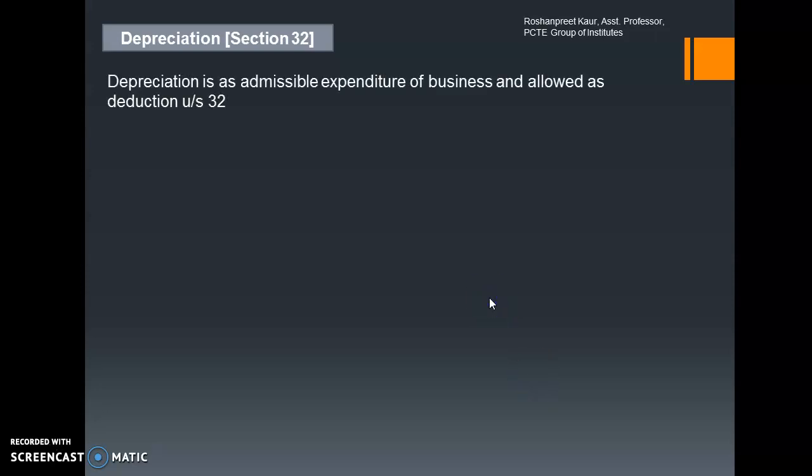So depreciation is an admissible expenditure and that can be allowed as deduction under section 32. So whatever expenditure you have done on the depreciation, that depreciation can be allowed as deduction. That means for that expenditure you can take deduction which is covered under section 32.